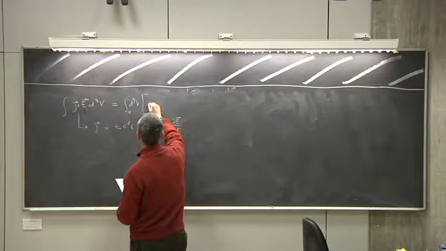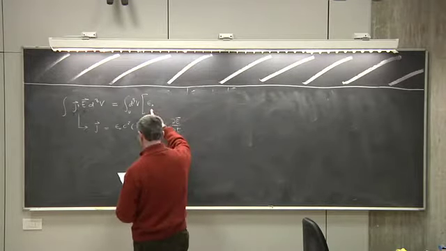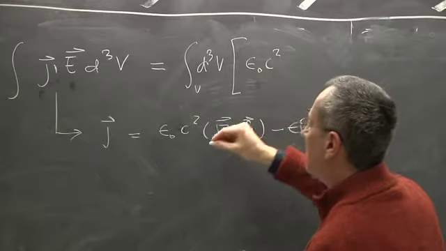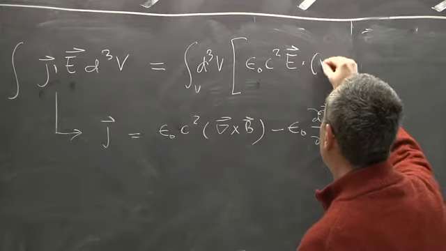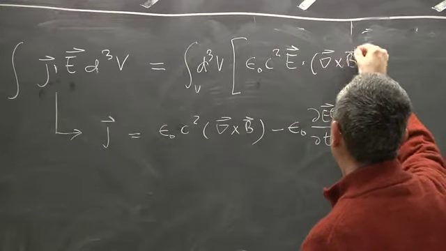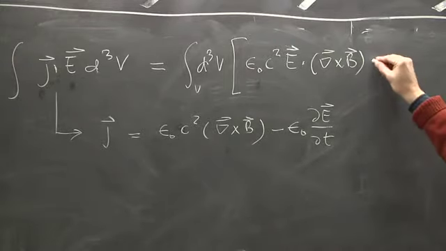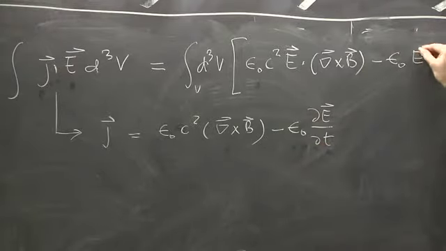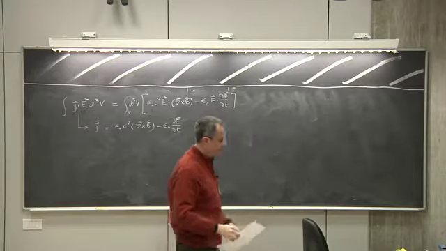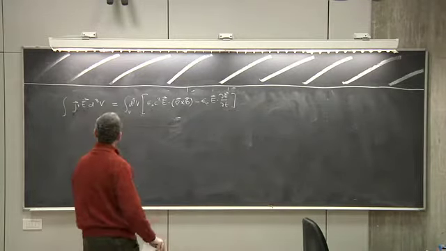So you see I have epsilon naught c squared, and then E dot this curl, which is this first term, and then minus epsilon naught E dE/dt. And I've used this Maxwell equation.